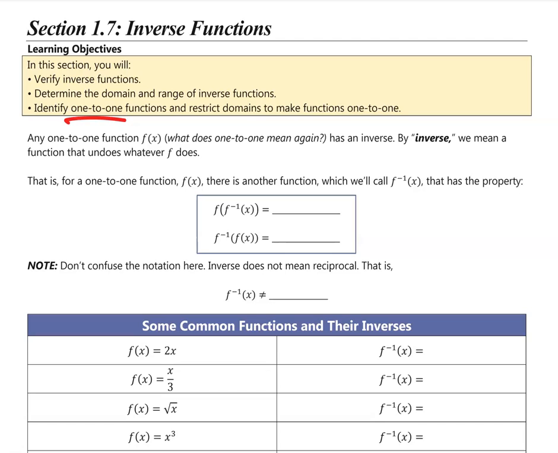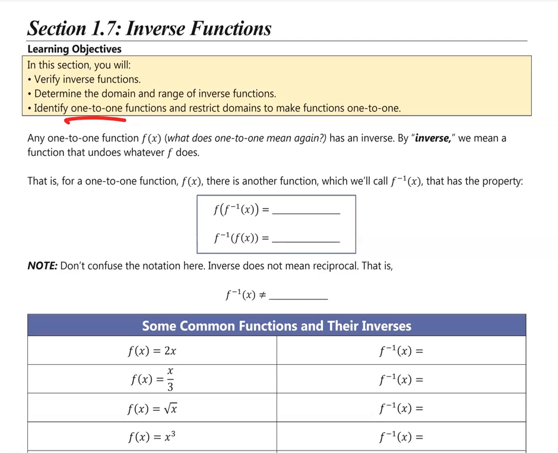Okay, any one-to-one function f of x, what does one-to-one mean again? It has an inverse. By inverse, we mean a function that undoes whatever f does.